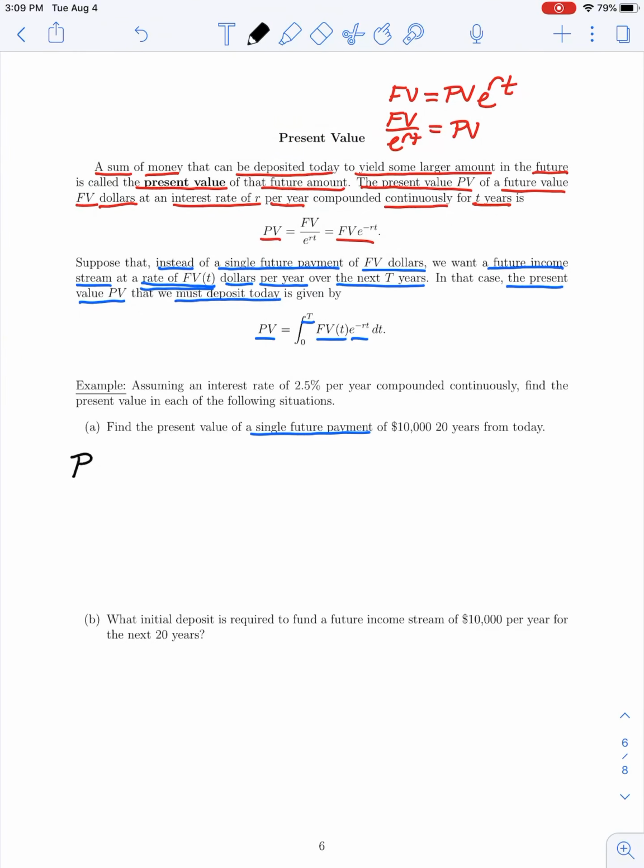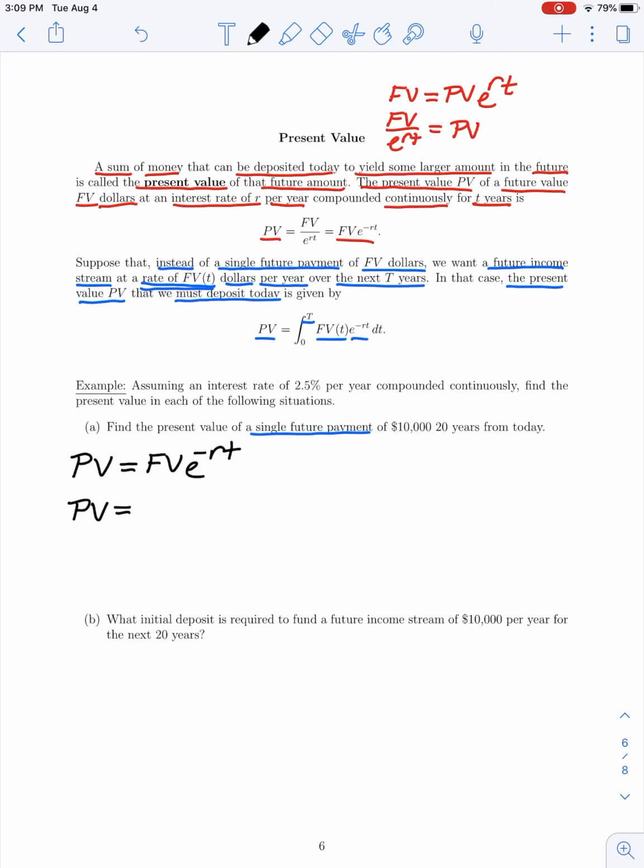So to find the present value for that single future payment, we would take the future value and multiply by e to the negative RT, the same formula that we had above in the event that we're looking at a single future payment.